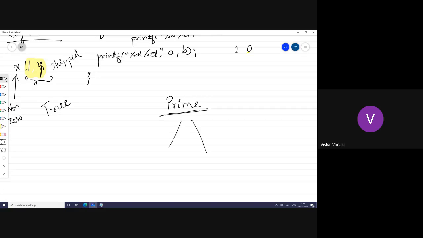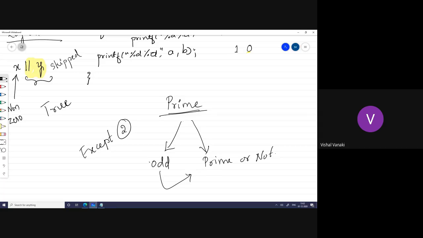Now, what is a prime number? A prime number is an odd number except 2, correct? It is an odd number, so only if it is odd, then you will check whether it is prime or not.